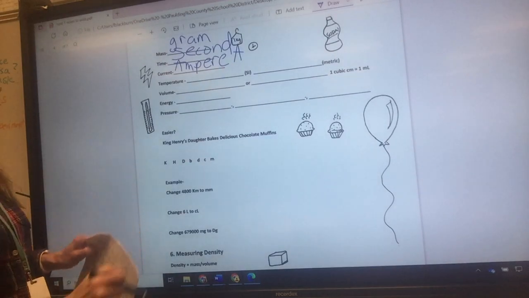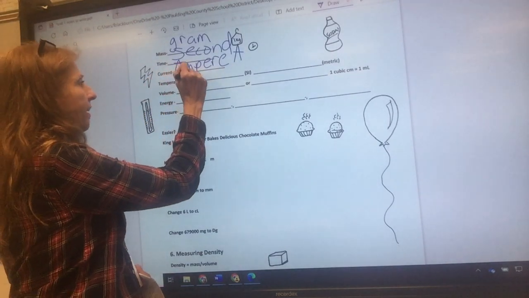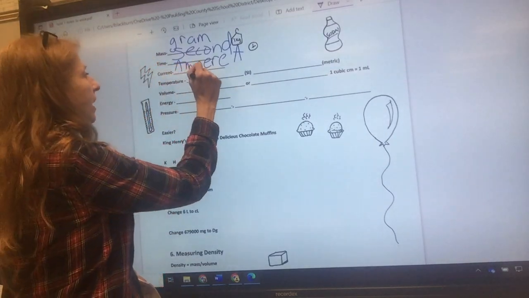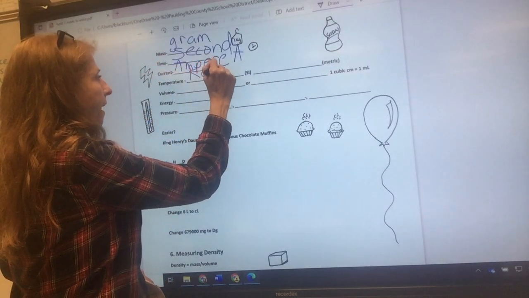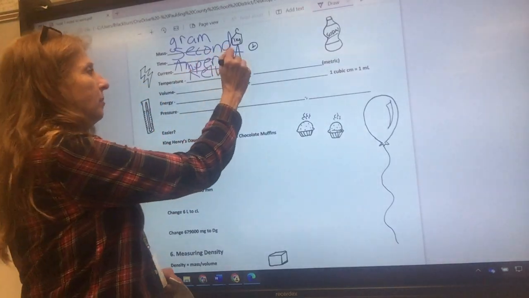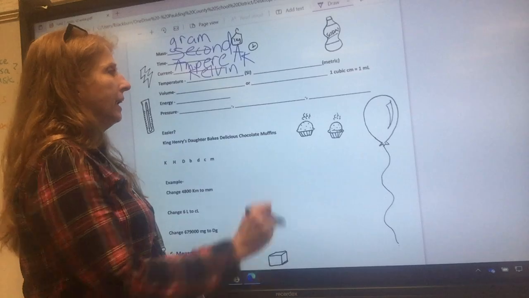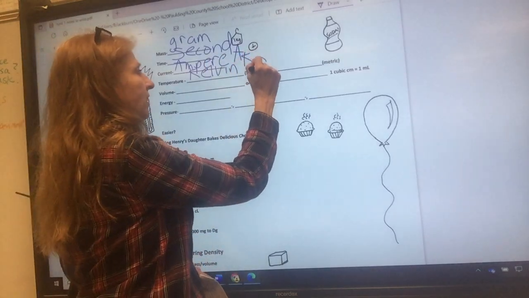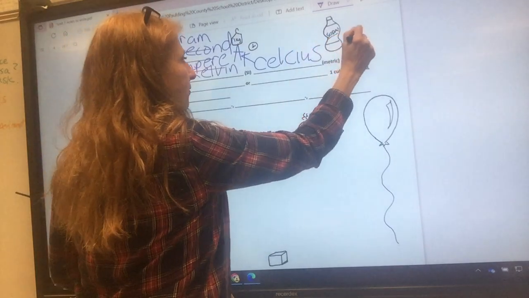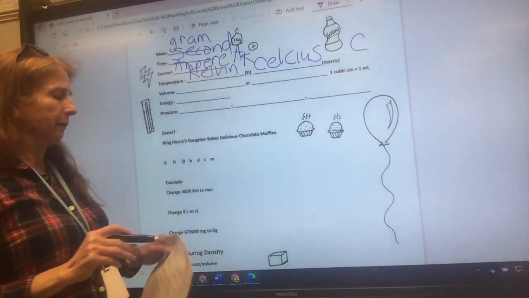Temperature, in SI, it's Kelvin. Oh, it sounds almost like a guy's name or a girl. I know a girl named Kevin. So, but it's Kelvin, Kelvin. The symbol is a big K. And in metric, temperature is Celsius. So that's one of the places it's a little bit different, and the symbol is big C.